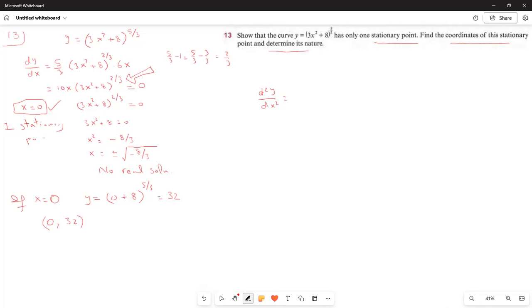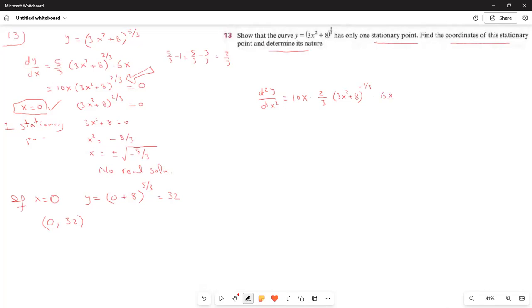Okay, so it has two functions. I will use the product rule. So the first function is 10x into the derivative of the second function, and the derivative of the second function is going to be 2 by 3 times (3x squared plus 8) to the power of 2 by 3 minus 1, which is minus 1 by 3, into the derivative of this term, which is 6x.